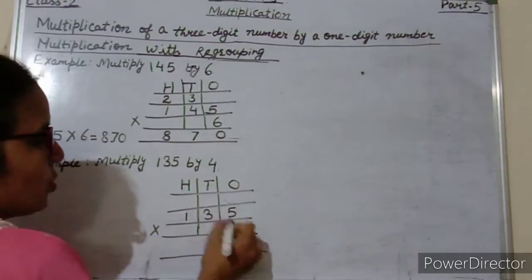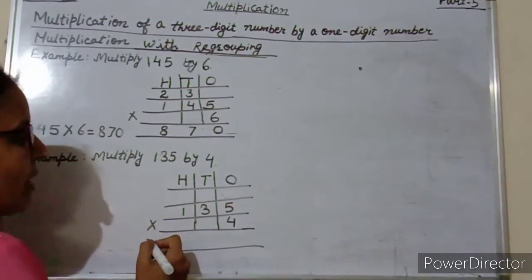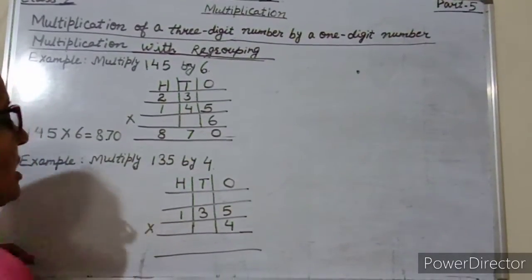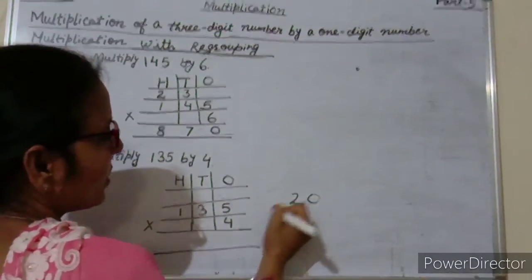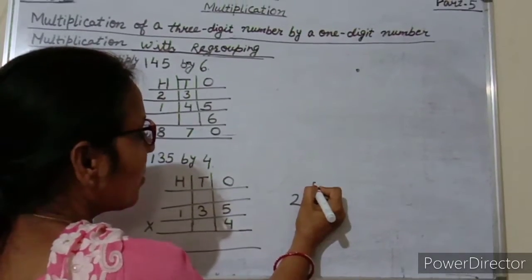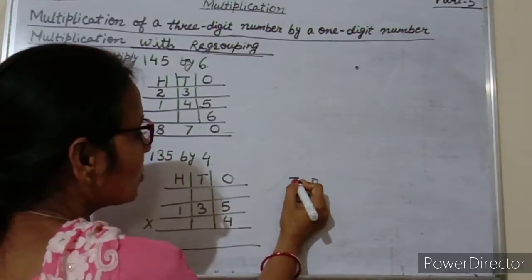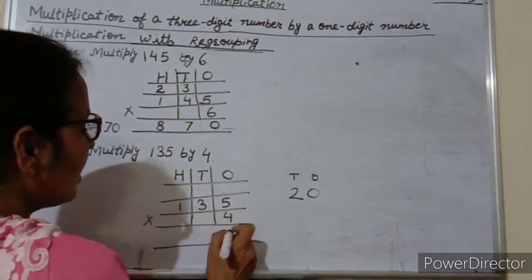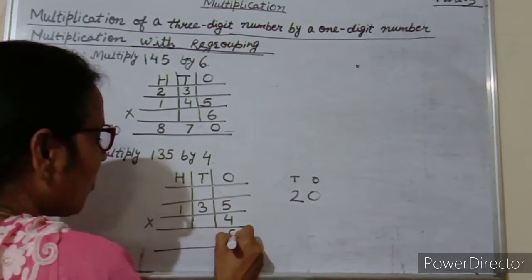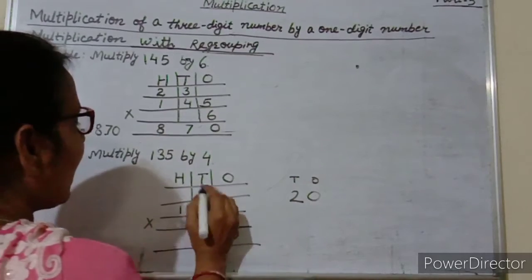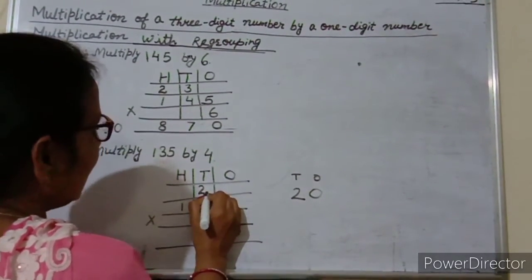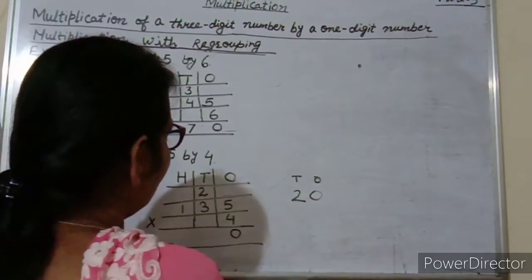5 ones into 4. 5 fours are 20. So 0 ones and 2 tens. So 0 we will write under the ones column and 2 we will write in the tens place as a carry over.